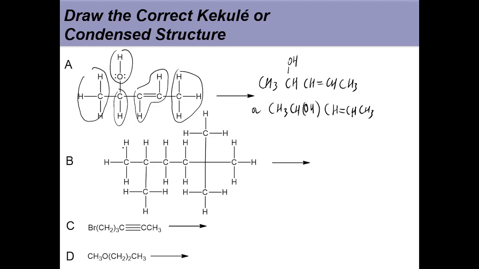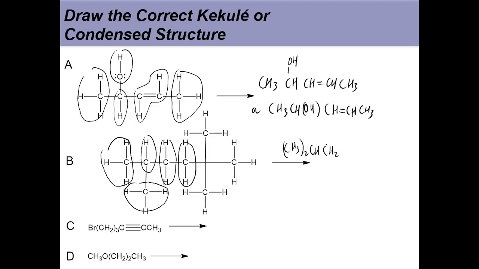The second one, even though it looks more complicated, as long as you follow the same pattern, break them down to groups, and you will be able to do it. So there are two CH3s attached to the CH. They are attached to the same CH. So this will be CH3 in parentheses 2, CH. The CH is followed by CH2 and CH2s. So it will be followed by CH2.